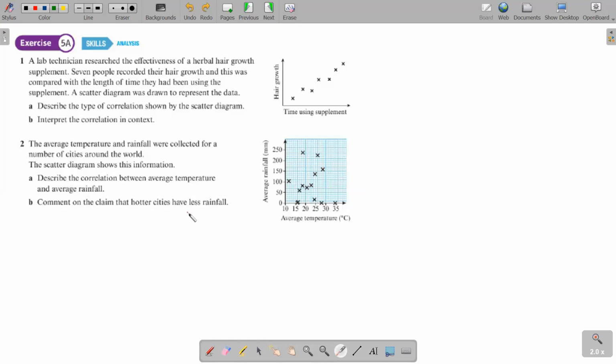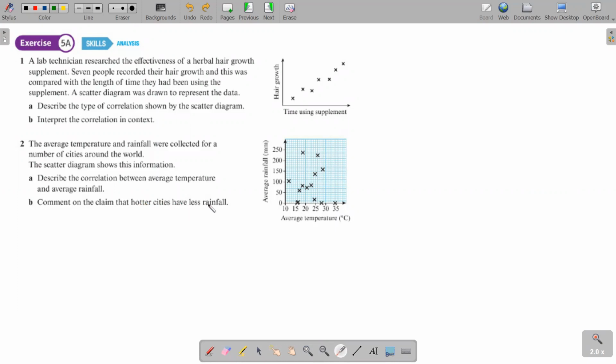Then there's a comment on the claim that hotter cities have less rainfall. So what do you have to say about this? Over here, we just concluded that there is no relationship, right guys? They are claiming a relationship. Hotter cities have less rainfall is a relationship, right? Do you get what I'm trying to say?